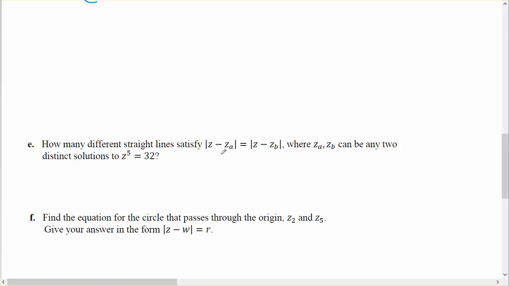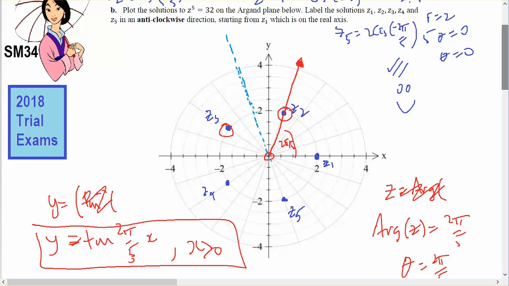How many different straight lines satisfy this, where ZA and ZB are any two distinct solutions from up here? Well, you'll notice that with this particular one, it goes through Z5. So that's 1.